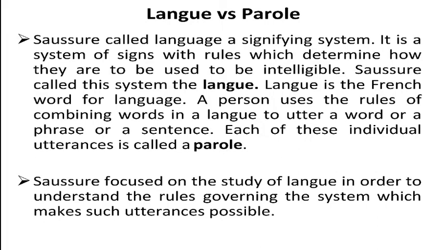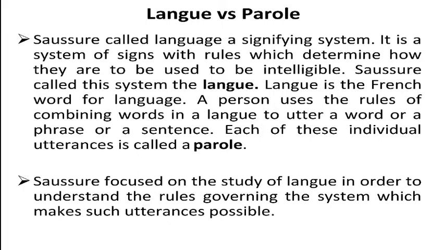If you are considering Hindi as a langue, as a system, then "Main Ram Singh ka beta Bhim Singh hoon" will be an example for a parole. "Main," a word, is also an example for a parole.